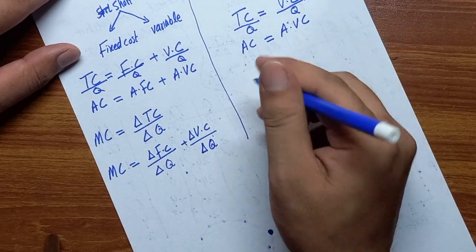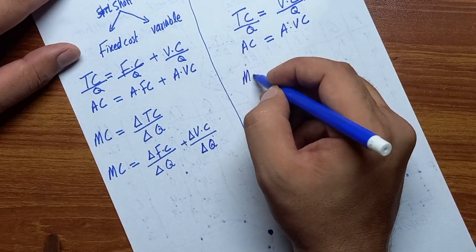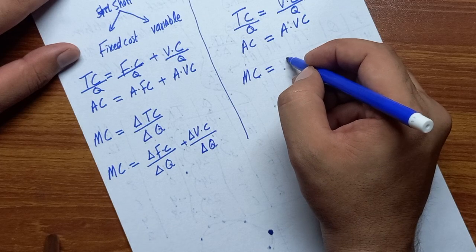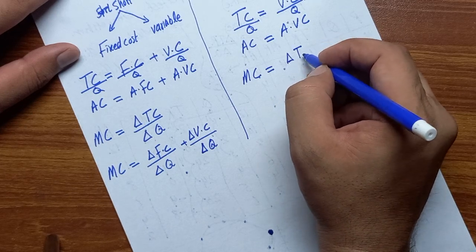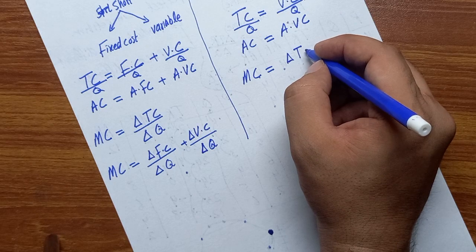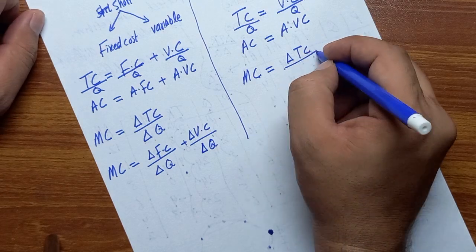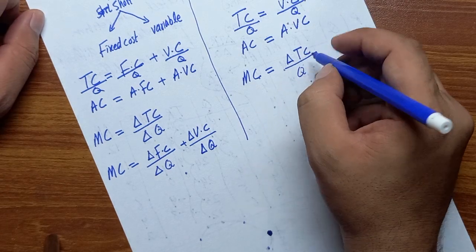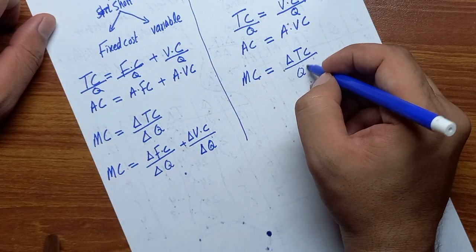But here it's very simple: marginal cost is equal to change in total cost divided by change in quantity.